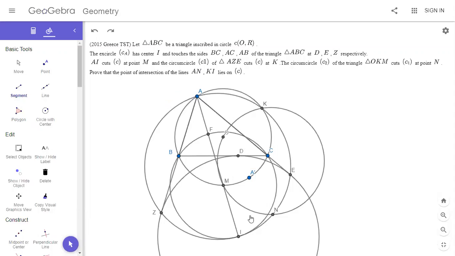Oh, because AI is a diameter. Well, yeah, because AKI is AEI, which is 90. So K, A prime, and I are collinear, right? And I3435 just said it in the chat.